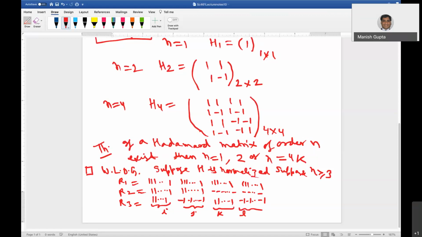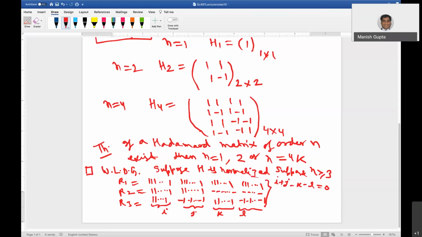Since the rows are orthogonal, we arrive at these conditions: i plus j minus k minus l is equal to 0, because when you take the inner product, i plus j minus k minus l is equal to 0.